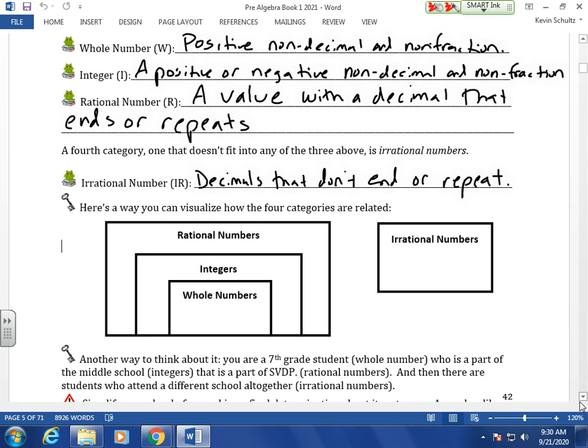So -12, we would actually put in the integer section. Notice that this integer section is part of the rational number rectangle as well. Because -12 is an integer, but it's also rational because it fits that definition too. It's not part of the whole number section.